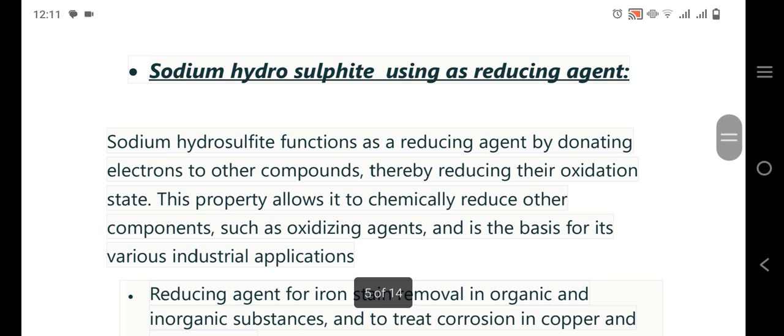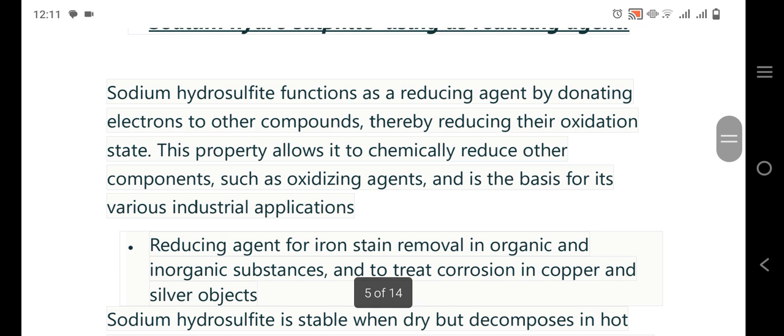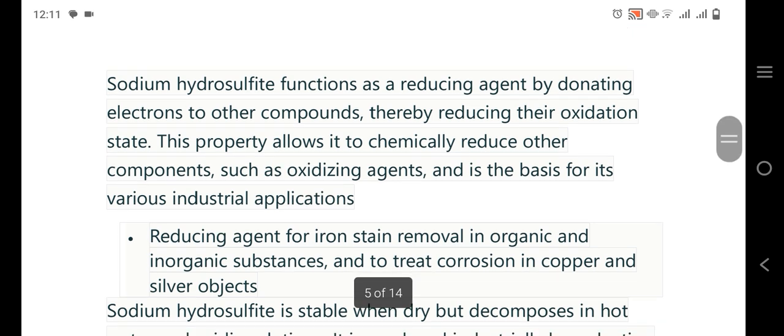As we know that sodium hydrosulfide is a reducing agent, now we learn how sodium hydrosulfide works as a reducing agent. Sodium hydrosulfide functions as a reducing agent by donating electrons to other compounds, thereby reducing their oxidation state.